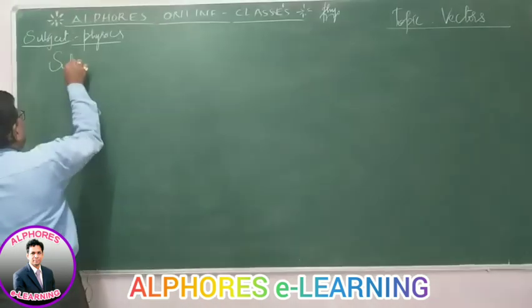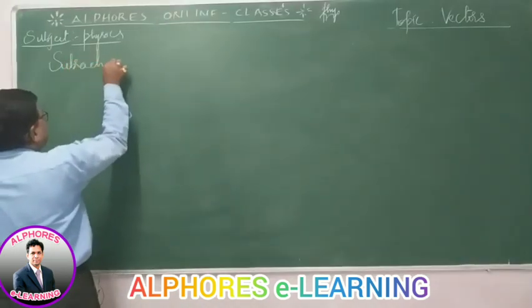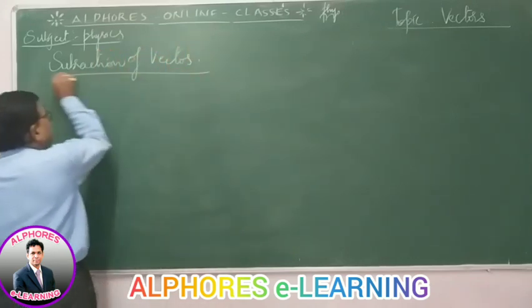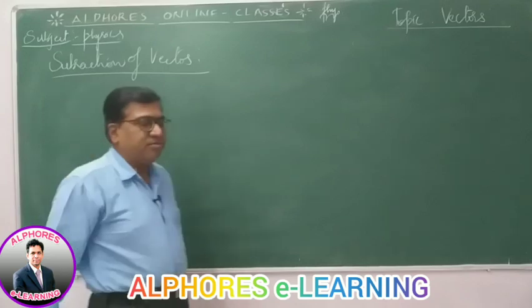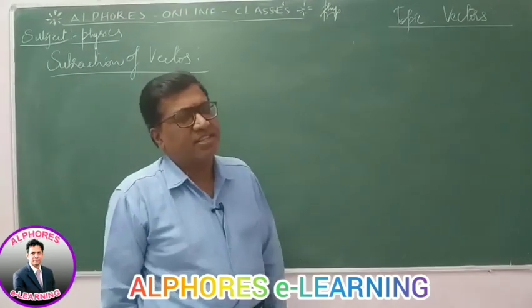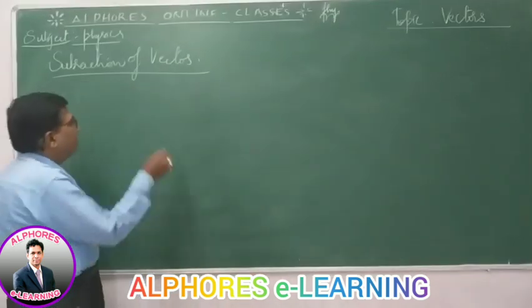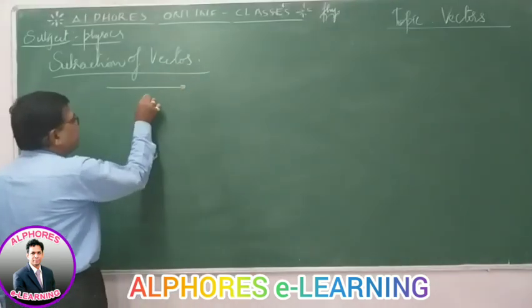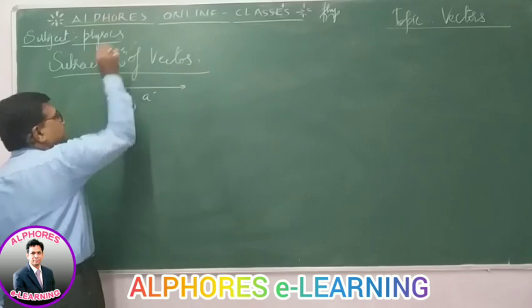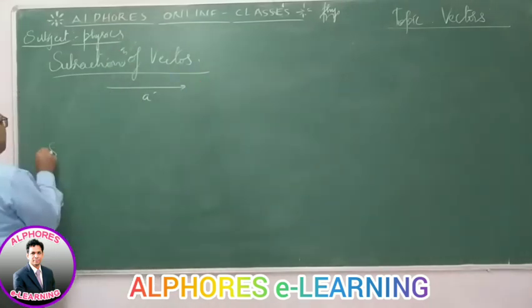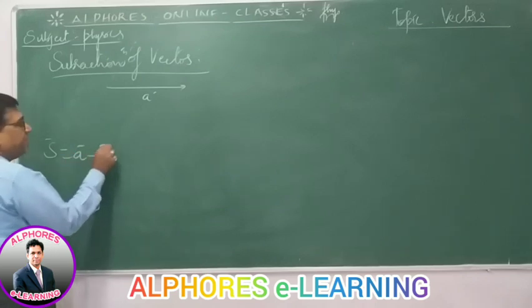In the previous session I explained subtraction of vectors. Actually, it is not a separate entity, it is addition only. Suppose I consider two vectors A bar and B bar. Subtraction of vectors, S bar is A bar minus B bar.